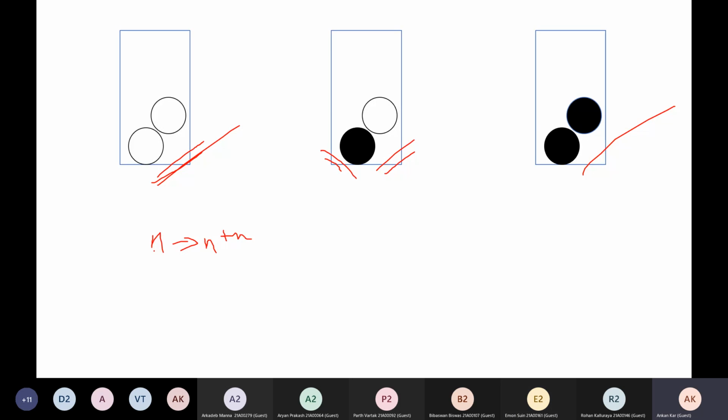In that case, you need to check the last case you are getting. If you remove one ball in the first step and add one ball, in the second step you remove two balls and add one ball, then it will be n into n plus 1 by 2 minus n. This many balls will remain in the last step, right? If you are going to remove the n plus 1th, you need to check n balls, and that kind of question you can't solve with only parity.